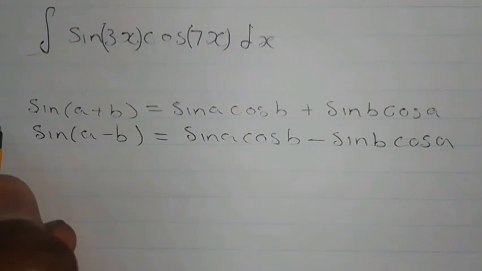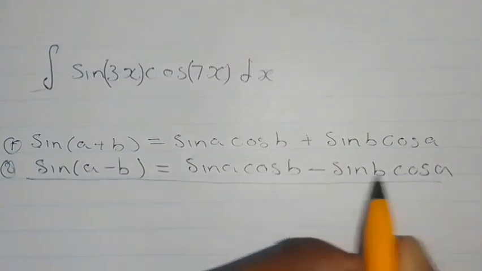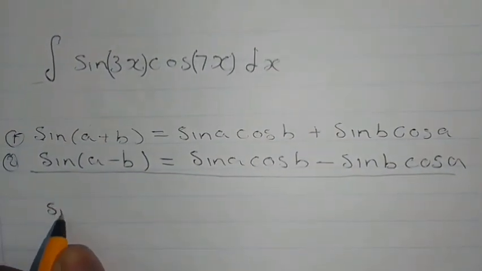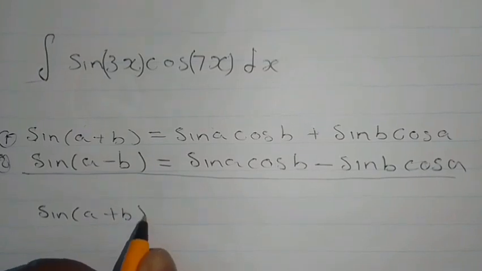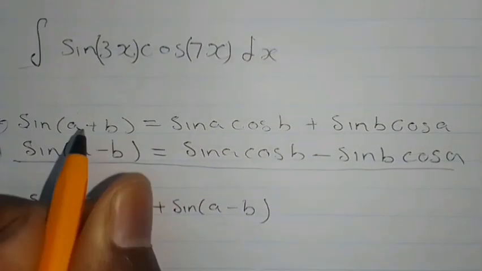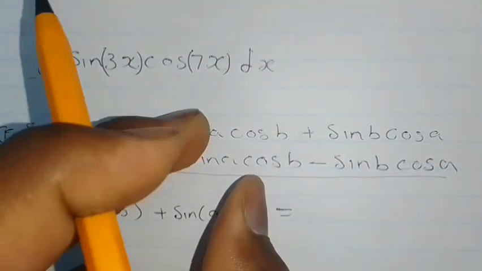Now, since we know these two formulae for sine, let's add them. If we add the two formulae, you'll have sine A plus B plus sine A minus B. If you're adding on the left, we must also add on the right.